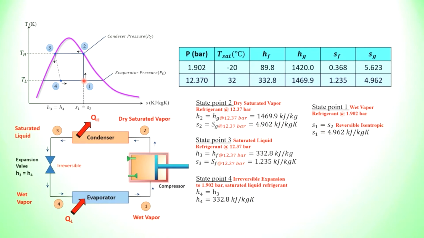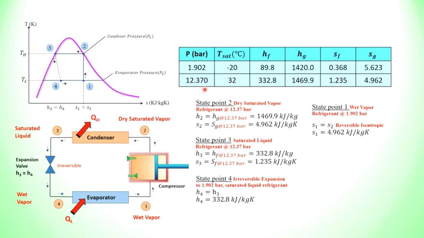But at your state point 1, which is at this pressure, your SG is 5.623. You compare. We are looking at point 1, the evaporator pressure, so you look at this upper line here, not this.